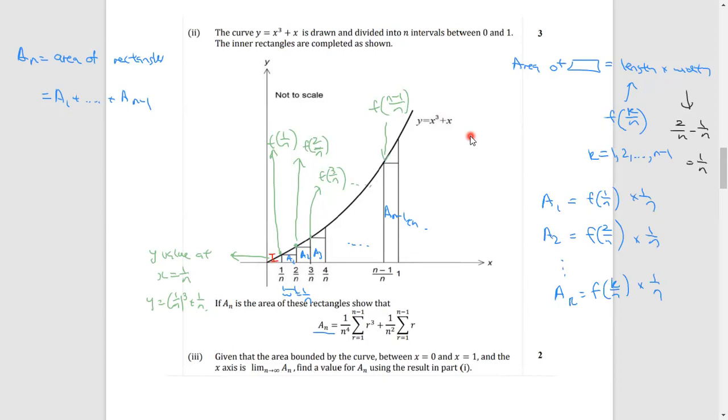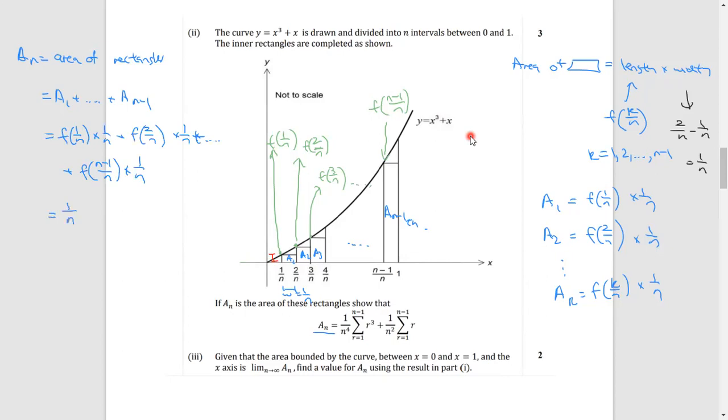And we have to add them all up. So let's get a bit more space over here. We're saying that we want f of 1 over n times 1 over n plus f of 2 over n times 1 over n plus dot dot dot plus f of n minus 1 over n times 1 over n. That would be all your rectangle areas added together.